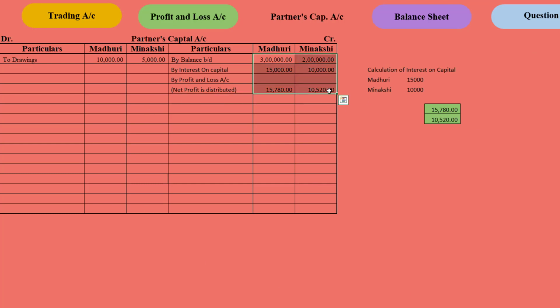See, this side will be higher. How much? The total of this side is 3,30,780 and this side total is 2,20,520. The same amount will be written on this side. Now here 3,30,780 minus the debit side total, which is 10,000.